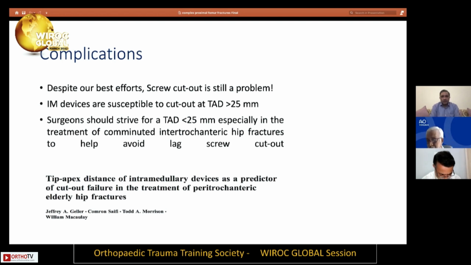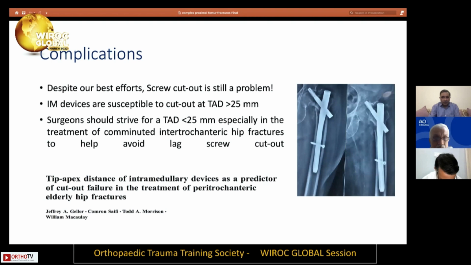Screw cutout is still a problem, and even intramedullary devices are susceptible to cutout if the tip apex distance is more than 25 millimeters, and we should try to achieve a tip apex distance of less than 25 millimeters. But I will show later on that too short a distance is also not good for the patient.